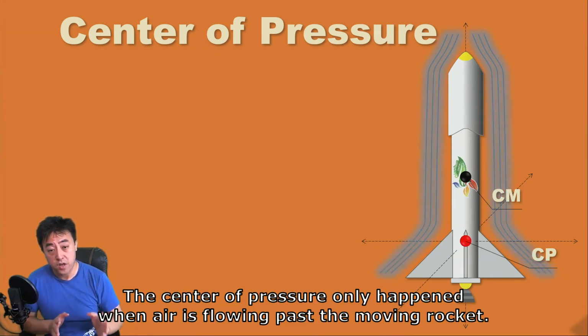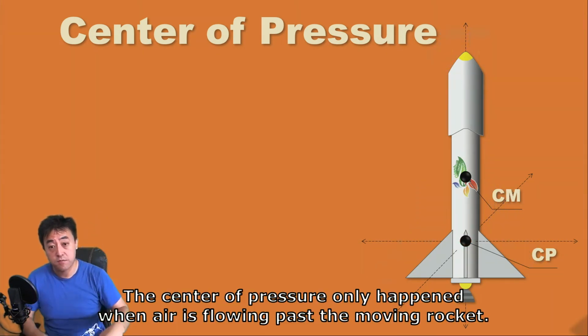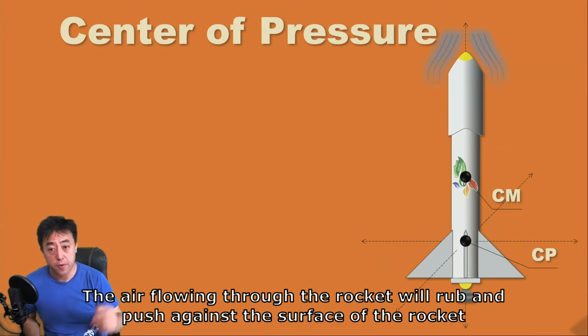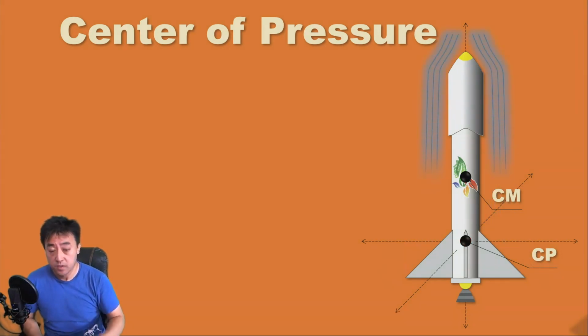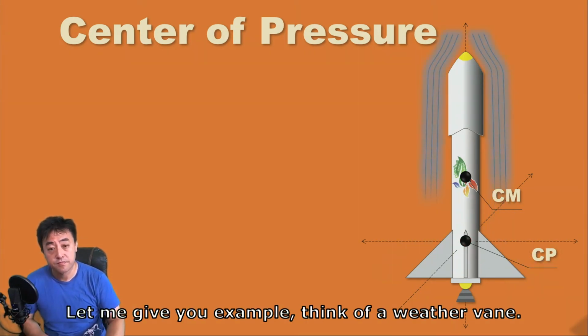The center of pressure only exists when air is flowing past the moving rocket. The airflow will rub and push against the surface of the rocket, and it can move the rocket around. Let me give you an example.